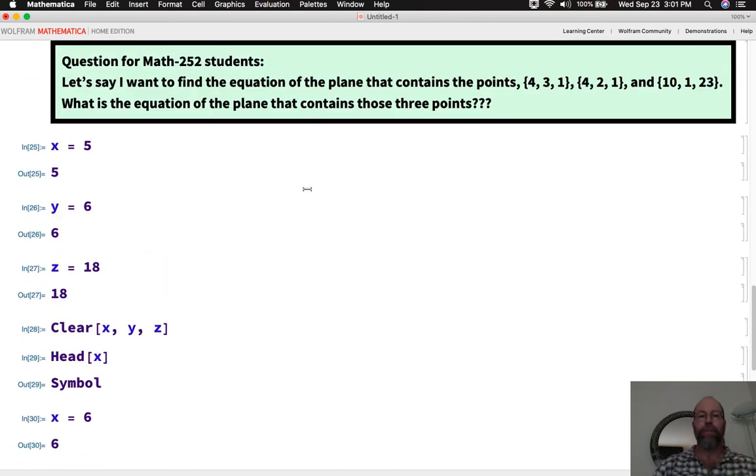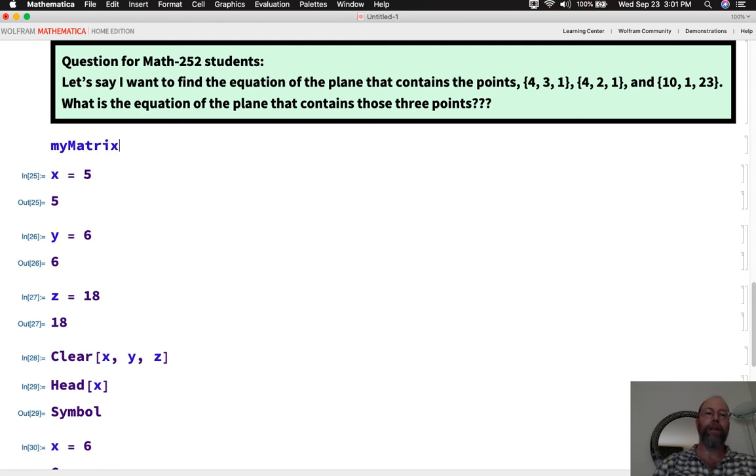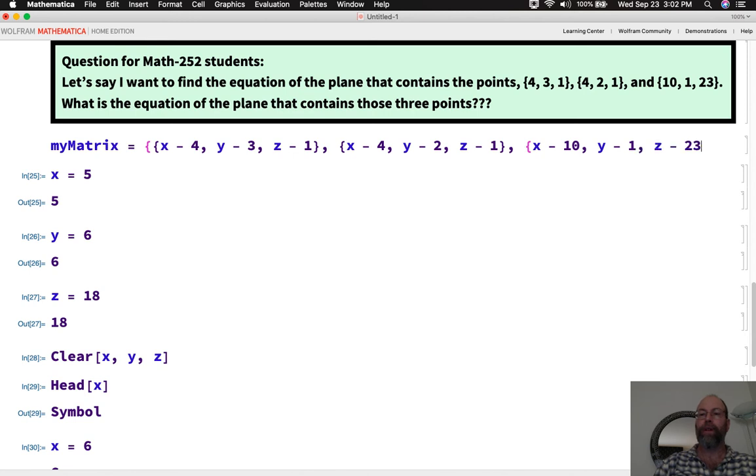I'm going to put my cursor up here, and here's what I'm going to do. My matrix, or call it whatever you want to call it: x minus 4, I'm looking at the first point, by the way, y minus 3, z minus 1; x minus 4, y minus 2, z minus 1; and finally, x minus 10, y minus 1, and z minus 23.